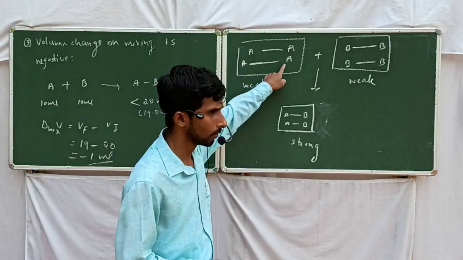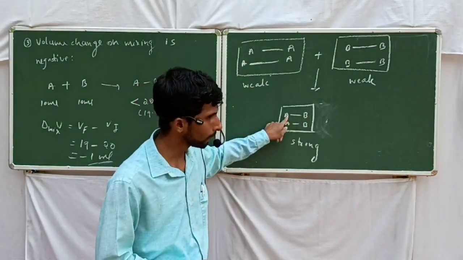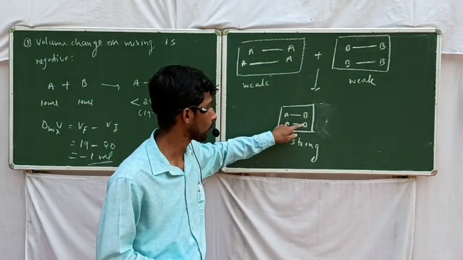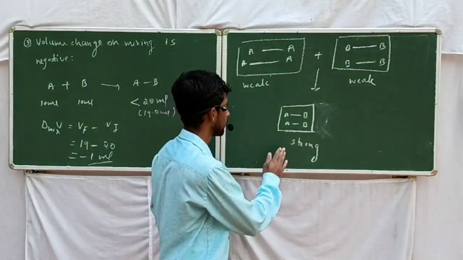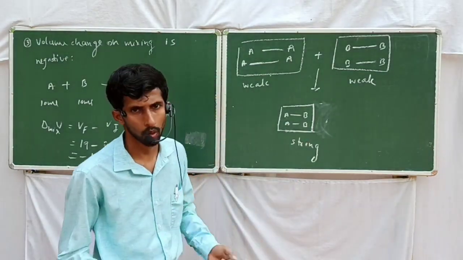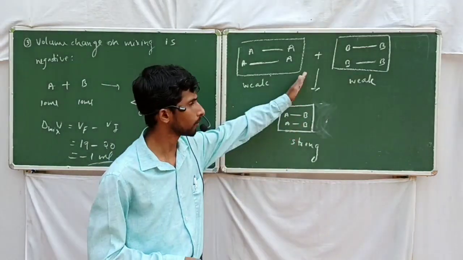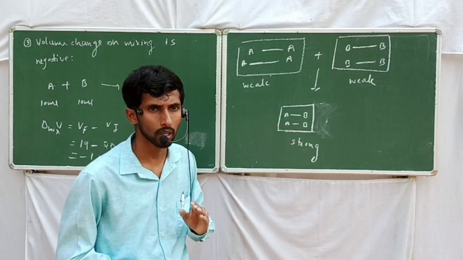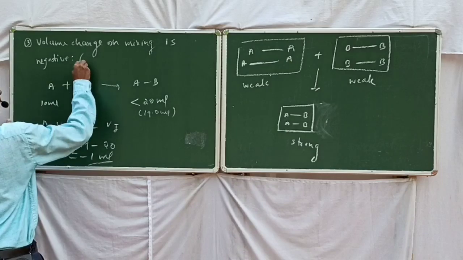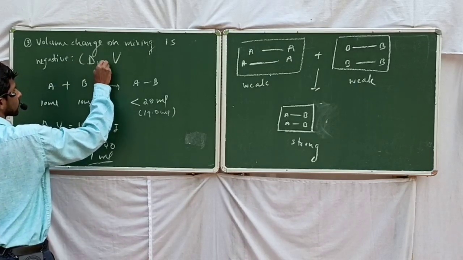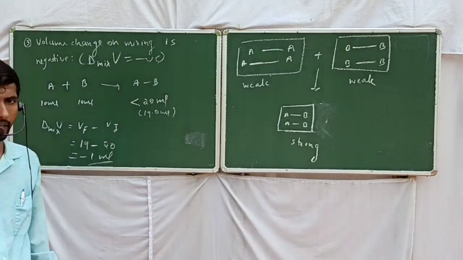A and A are loosely bound due to weak intermolecular forces, but molecules of A and B are tightly bound to each other because of strong intermolecular forces of attraction. So obviously, if molecules are tightly bound to each other, they will occupy a smaller volume than the pure components, so the volume of the solution decreases, okay? So we are getting delta V mix equal to negative.